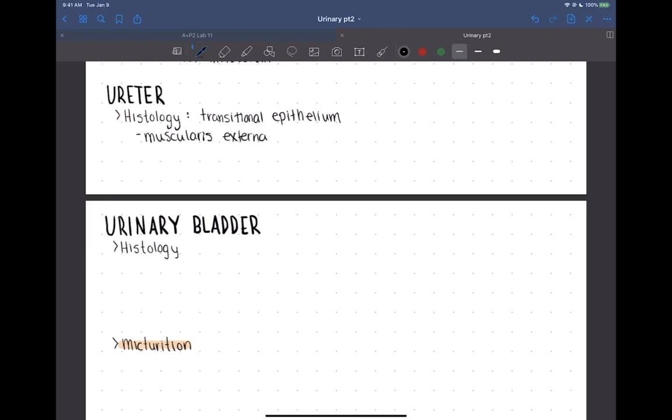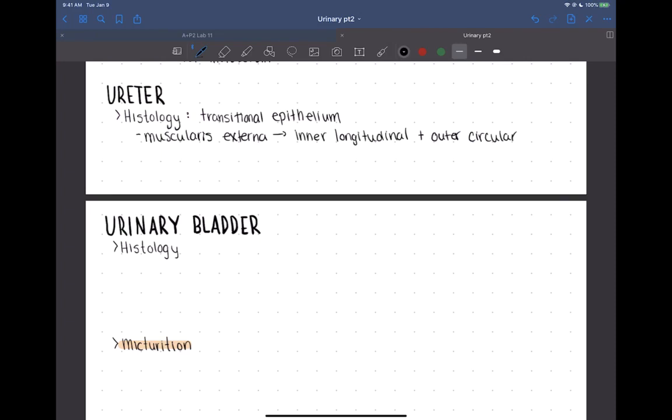The muscularis externa has, as we've seen in the digestive system, 2 layers of smooth muscle. It's a little different in the ureter. It has an inner longitudinal and an outer circular layer, so it's opposite of what we've seen before.